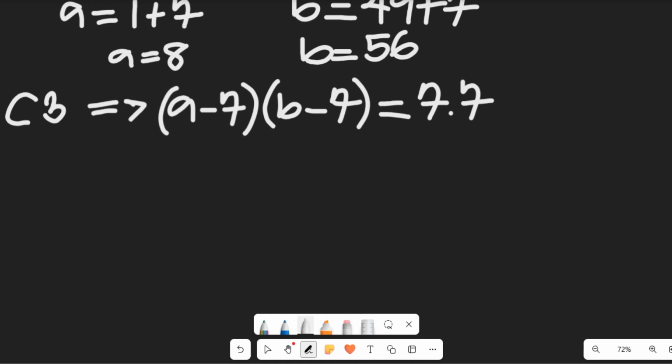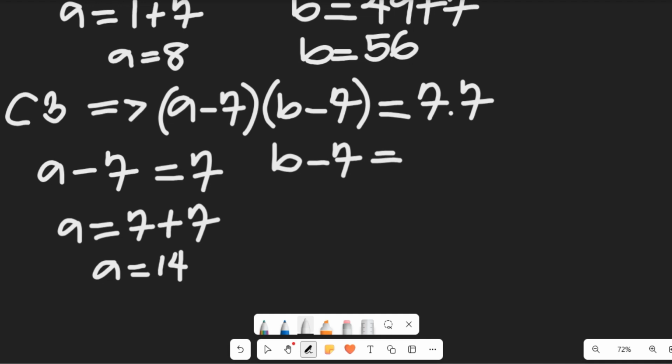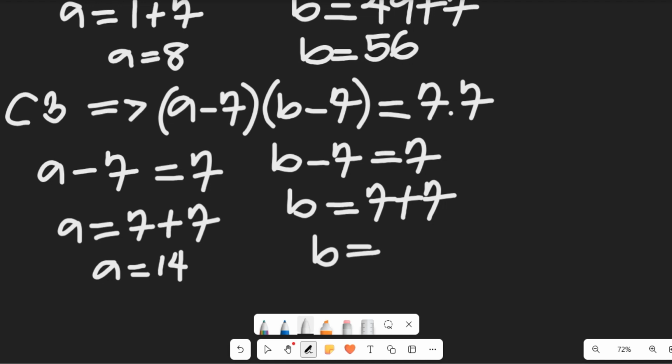In the first case, I'll have a minus 7 to be equal to 7, and then a to be equal to 7 plus 7, and then a will be equal to 14. While on this other side, I'll have b minus 7 to be equal to 7, right? Then I'll have b to be equal to 7 plus 7, and then b will be equal to 14.